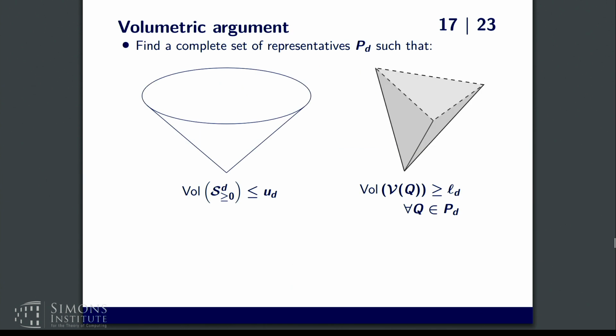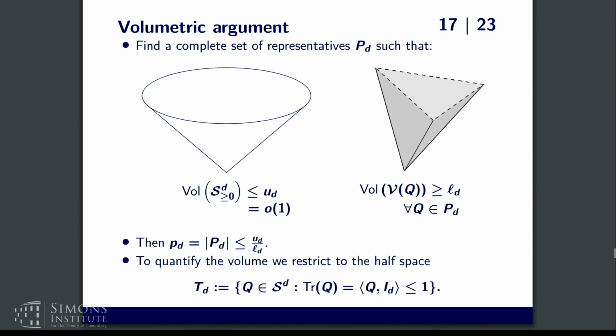Okay, so in more concrete terms, we have an upper bound on the size of this cone, and we want to find a complete set of representatives such that these Voronoi domains are lower bounded in some sense. Excuse me, large means large normal cone? The Voronoi domain, yeah. I will quantify this, but in some sense it would say, if you have this upper bound and this lower bound, then the number of classes is at most this upper bound divided by this lower bound.